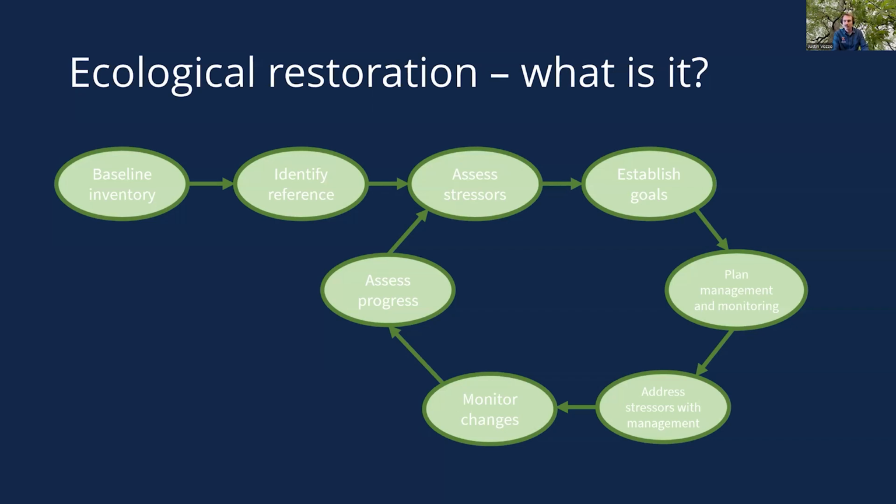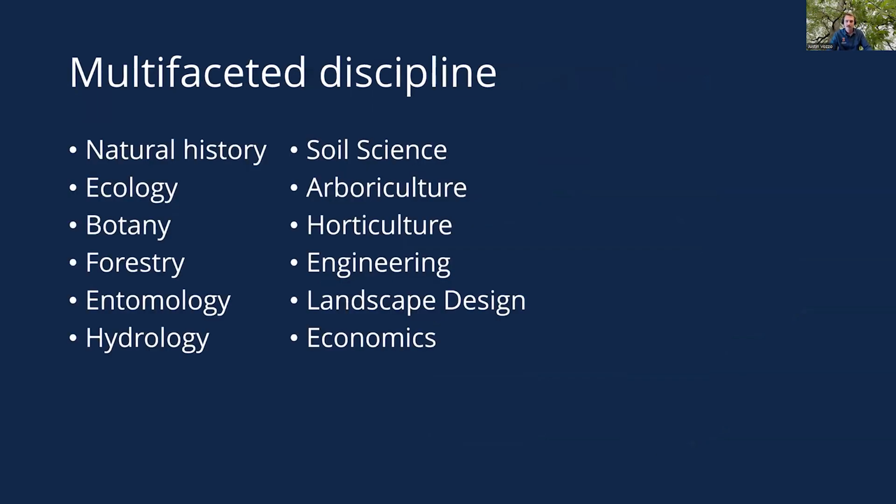We might then identify a reference, assess the stressors on the system, and then move into establishing goals and objectives, creating a management plan, and then carrying out that plan. But then later on, reassessing and reevaluating. And these are all steps that I'm going to discuss further throughout this presentation.